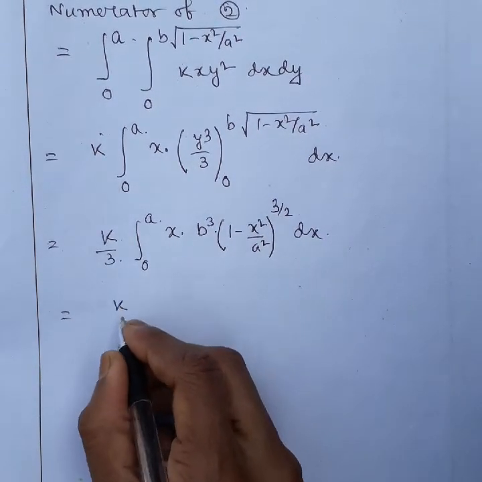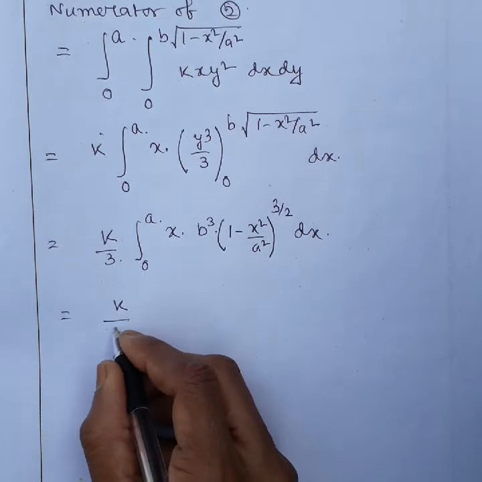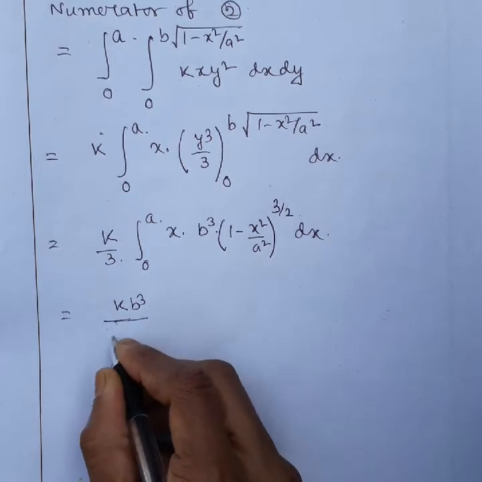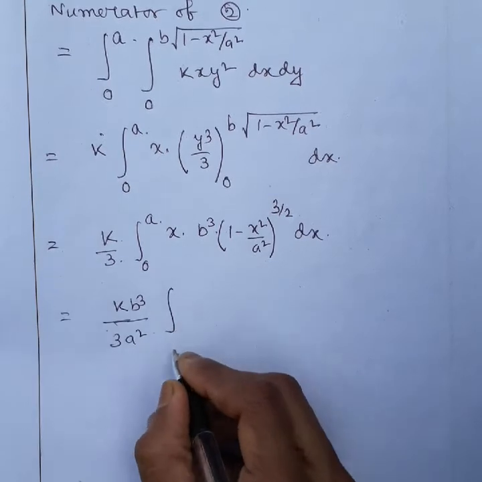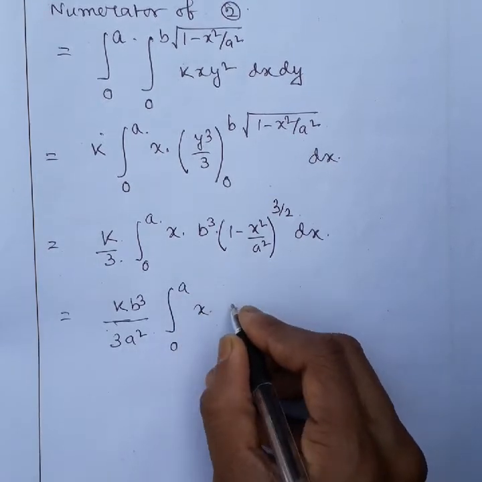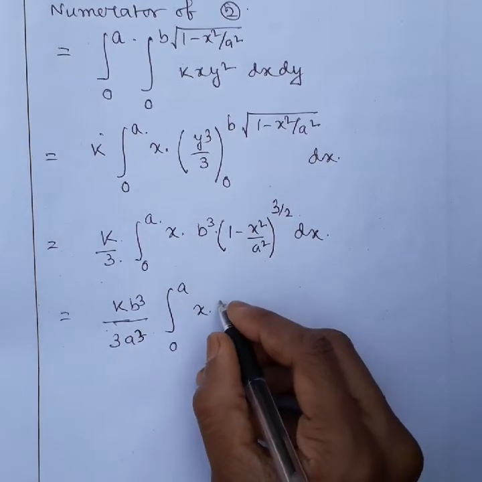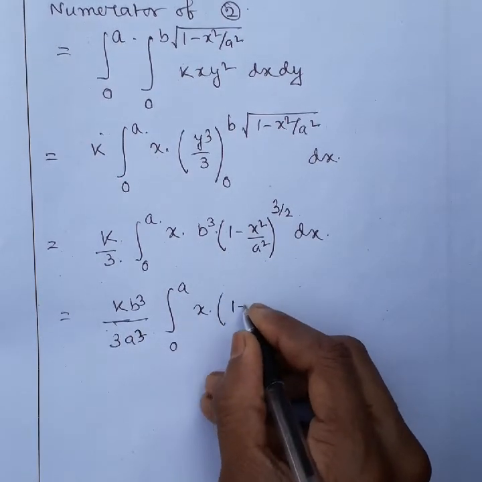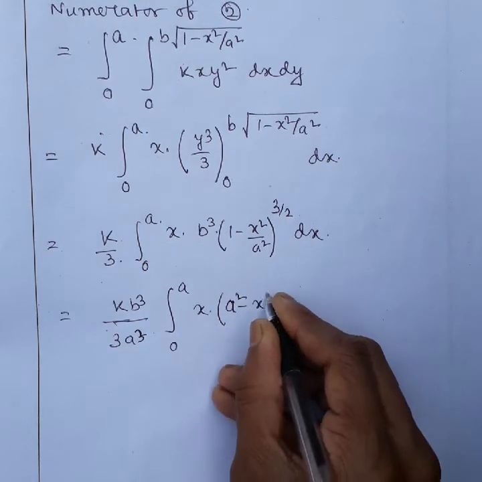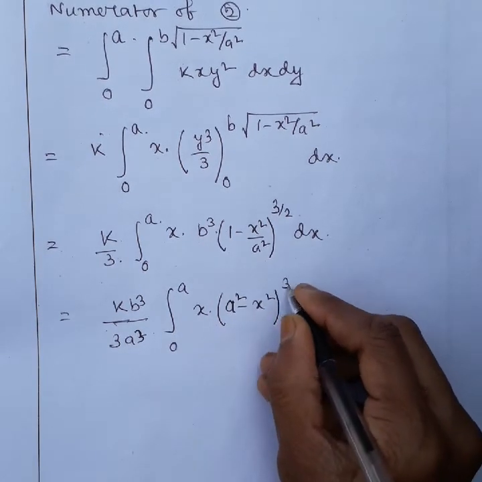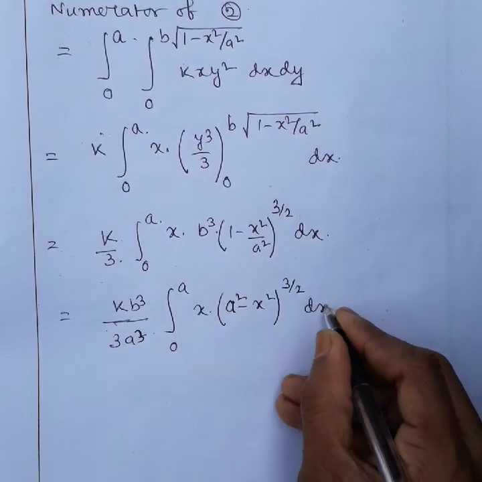That means k by 3, b cube by 3a cube, integration of 0 to a x into a square minus x square whole to the power of 3 by 2 dx.